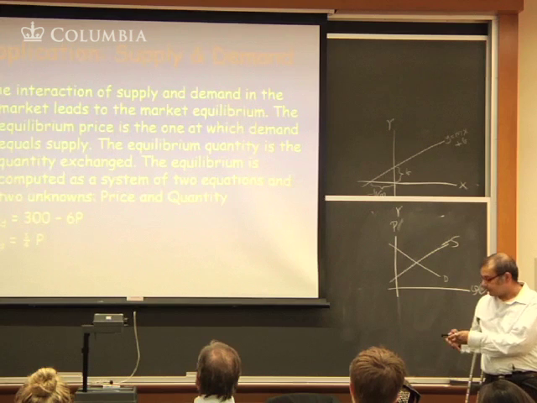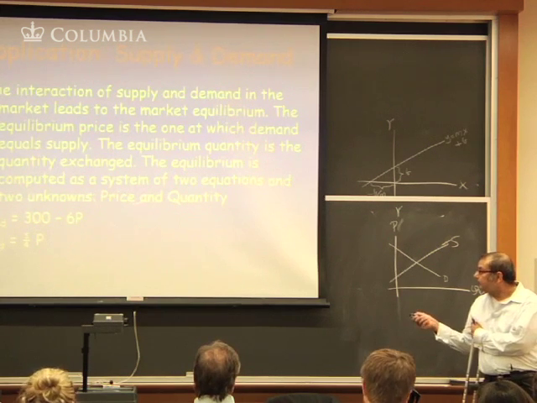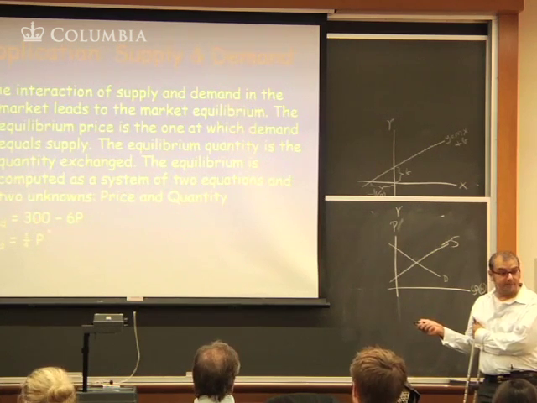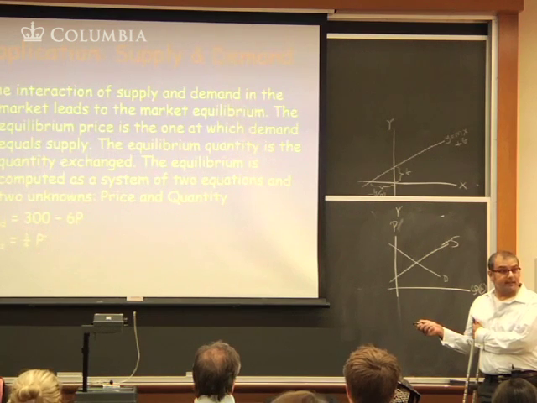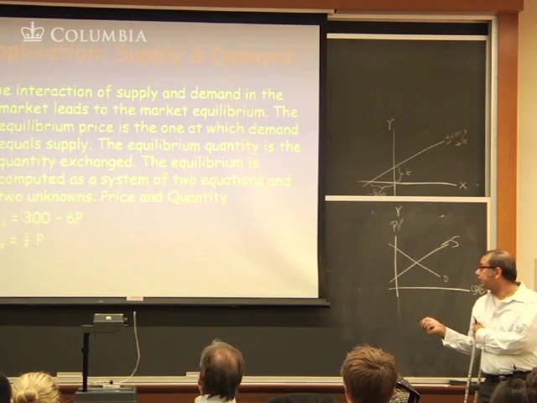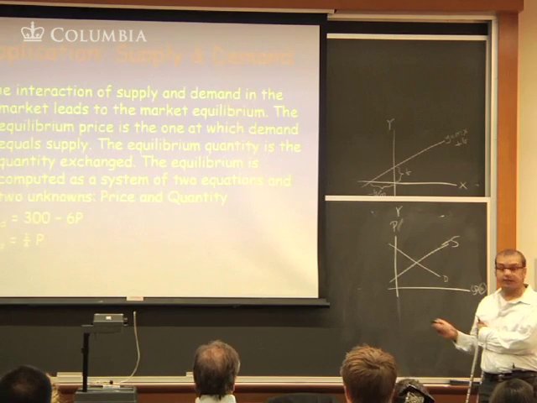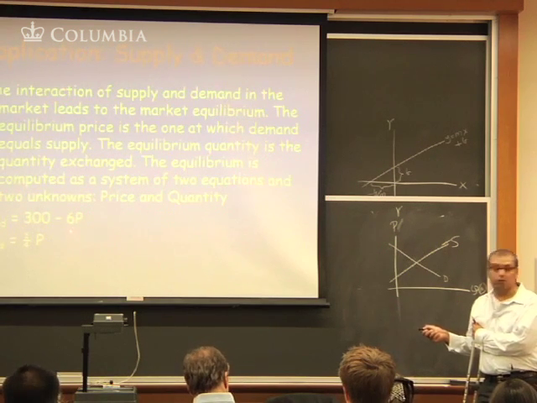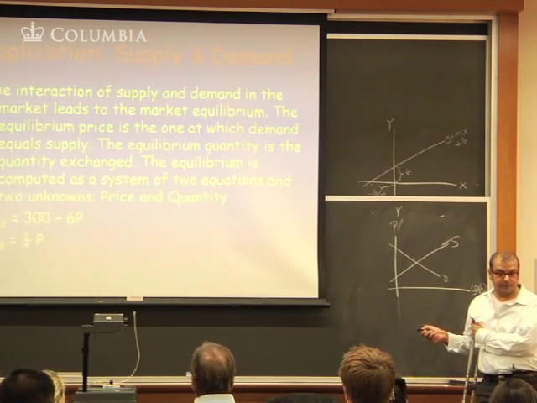So look at this. This is minus 6p. It would look like a very steep negative slope, but when you draw it, because the axes are reversed, it will look like a shallow negative slope. Okay?